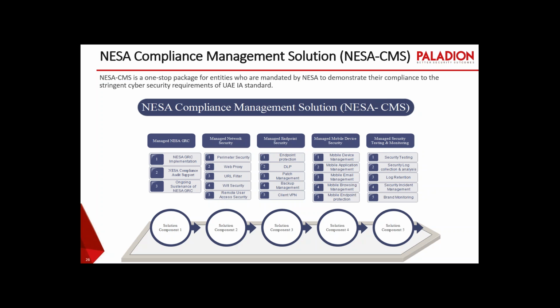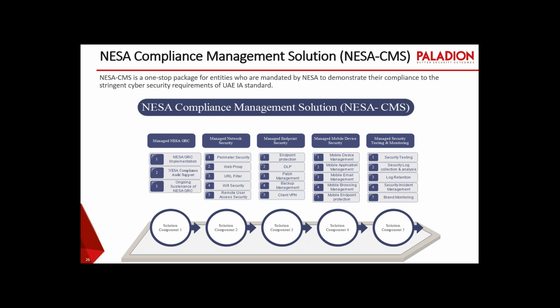So managed network security in terms of securing your perimeters, in terms of securing your web proxies, building URL filters, securing your Wi-Fi, and securing remote user access to your network.